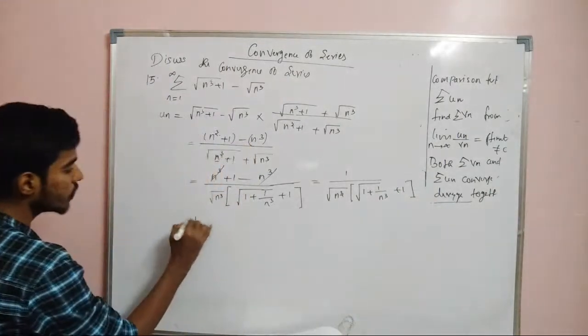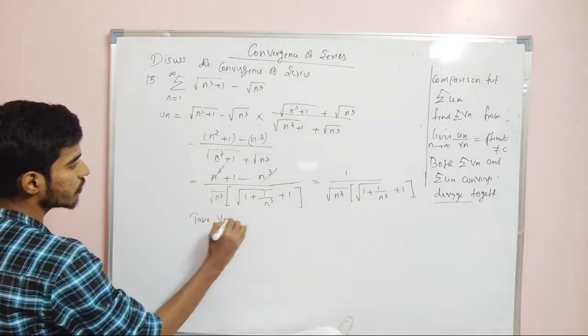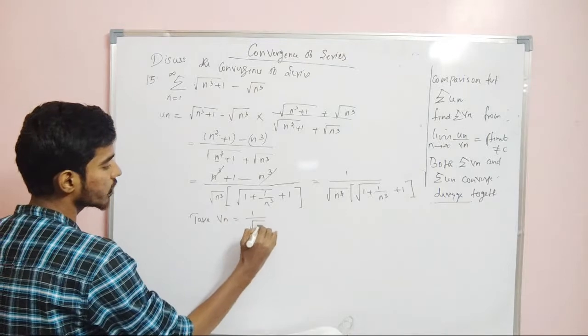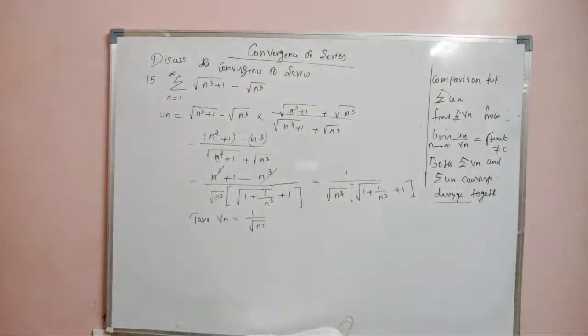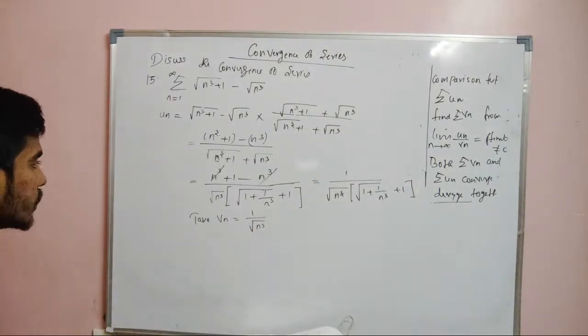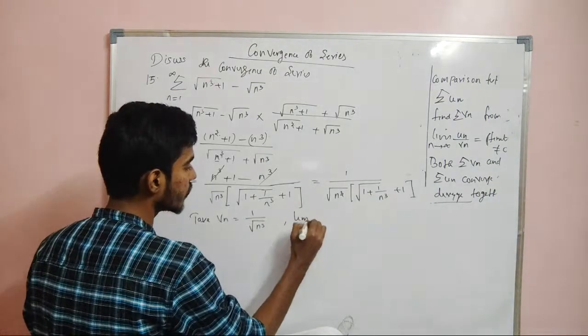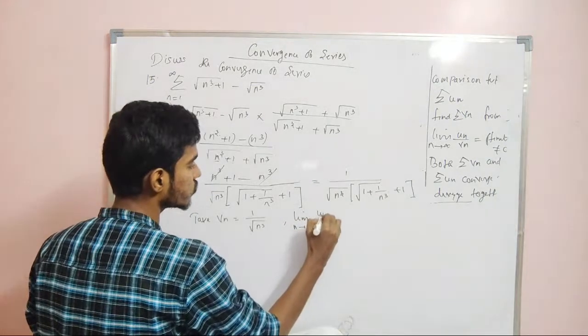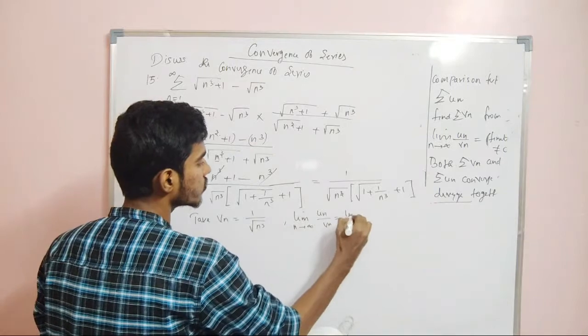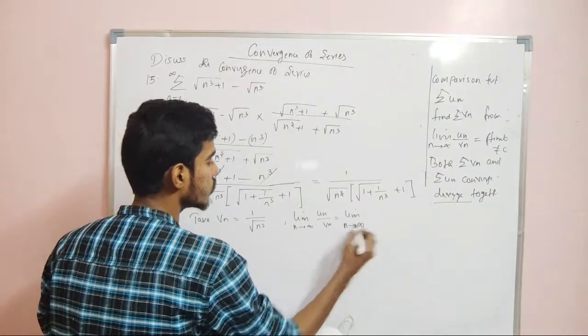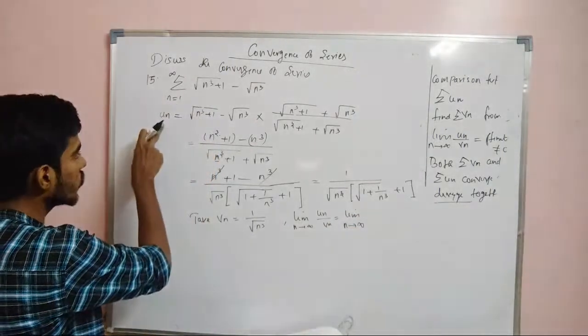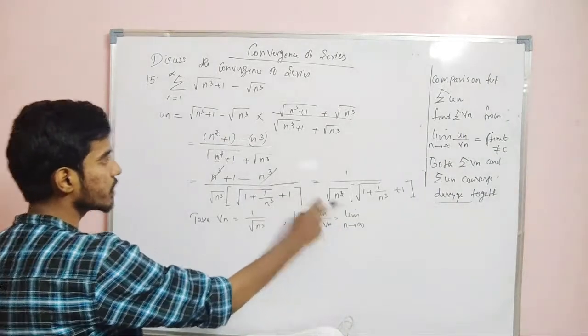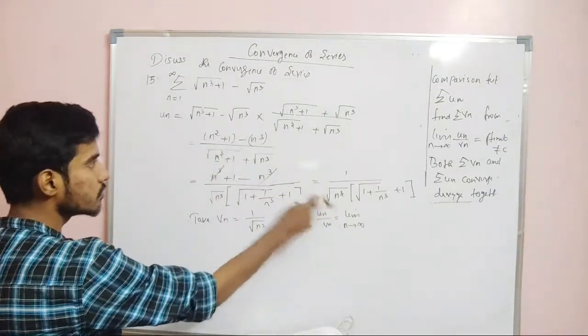Now you take bn to be equal to 1 by root n cube, right? This is the one we did in the previous video. Now you find the limit as n tends to infinity of un by bn. So what is our un? Un is this term, you can take it straight away because this term is the simplification of that term.